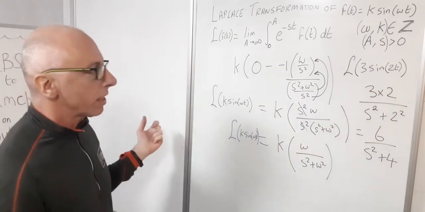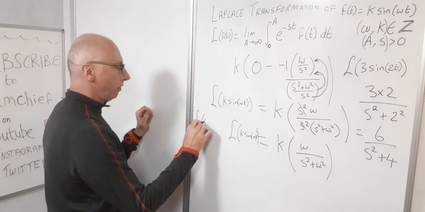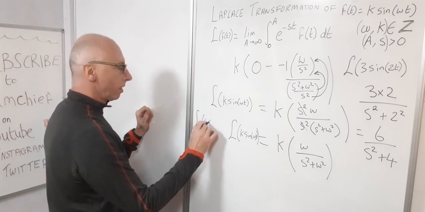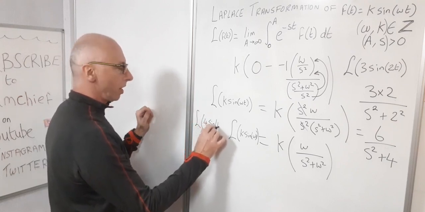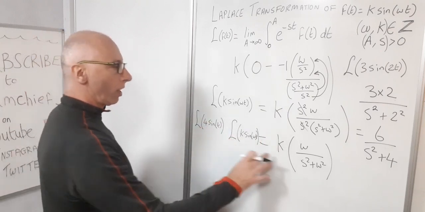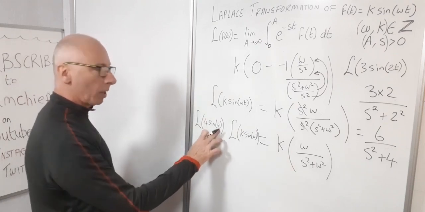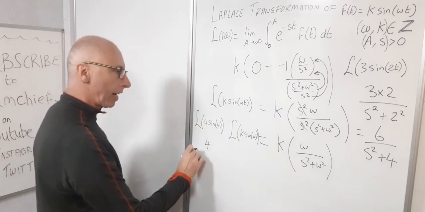Now what about another example? Let's do the Laplace transform of 4 times sine of just t. So this one will give us, using our formula here, k is 4, multiplied by w, which is just 1, so that just stays as that.